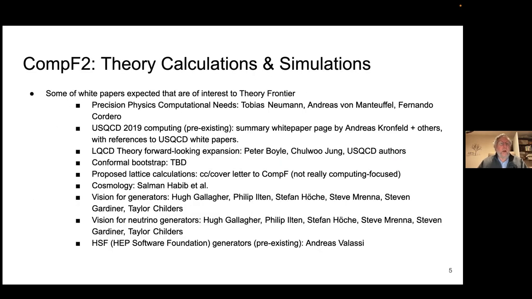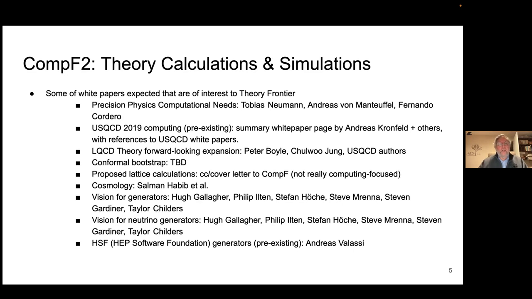Oh, I'm sorry, and I skipped this slide for a moment. These are some of the white papers that we expect, and listed some of the lead authors when I know them. So precision physics computational needs, USQCD 2019 computing. These are a bunch of white papers from USQCD. El-QCD forward-looking expansion.